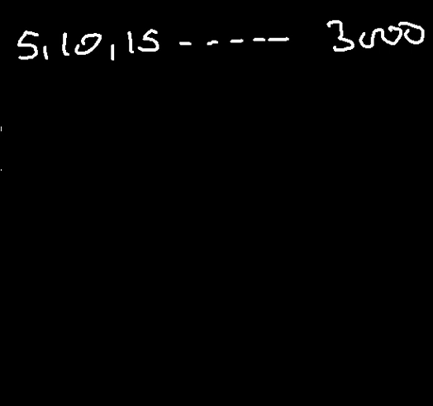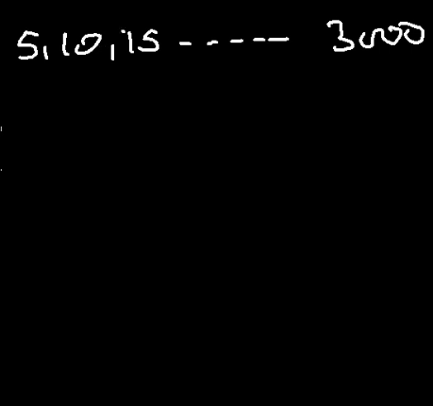Now we don't know the number of terms, only the first term and the last term, but I want you to find the sum of these terms. So how should you go about that?